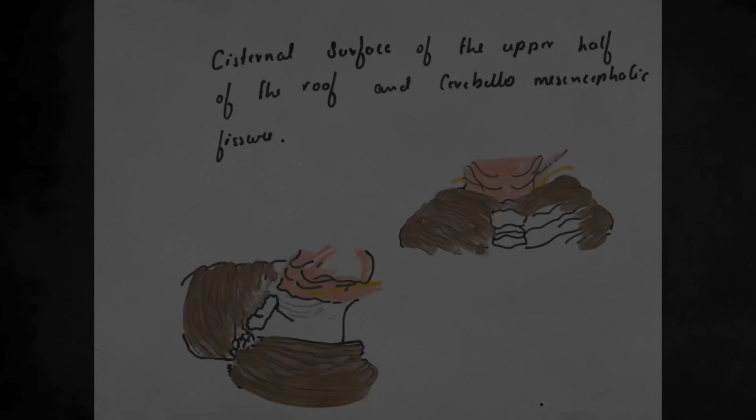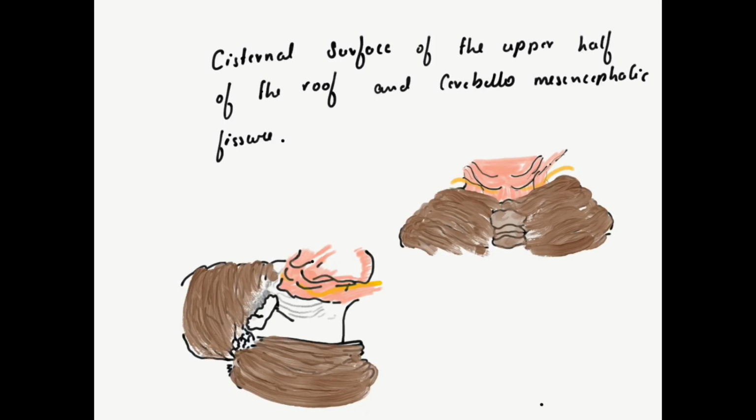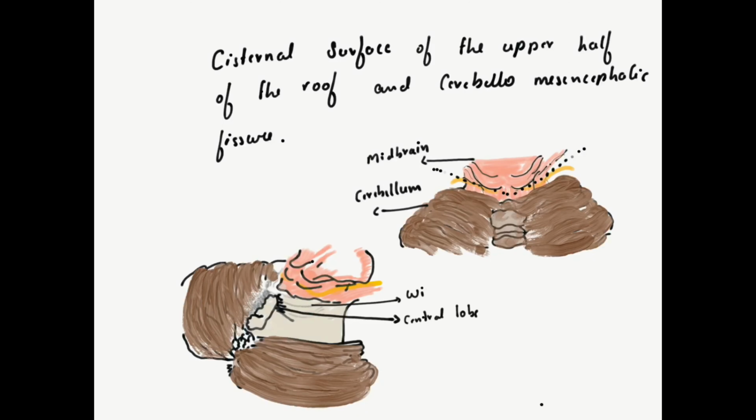Coming to the cisternal surface of the upper part of the roof, here I would like to describe the cerebellomesencephalic fissure because it is in close relation with the cisternal surface. It is the fissure that is located between the midbrain as well as the cerebellum, and it is a V-shaped fissure. On the outer surface, it has the central lobule with the wing of central lobule in it. Then we have the culmen.